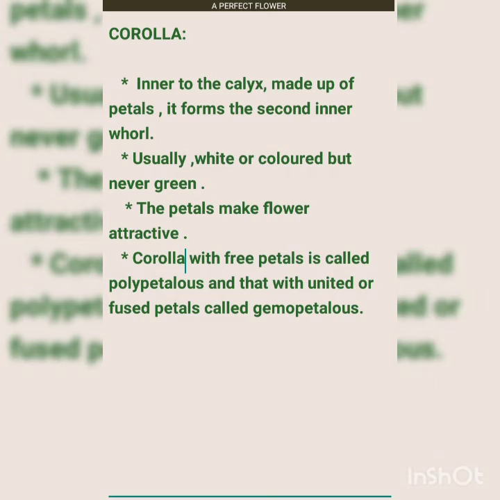Then, inner to the calyx is the corolla. We will discuss the corolla. Corolla is inner to the calyx, made up of petals. It forms the second whorl. Usually white or colored, but never green. We never see a green flower, but flowers of different colors we can see. The petals make the flower attractive.